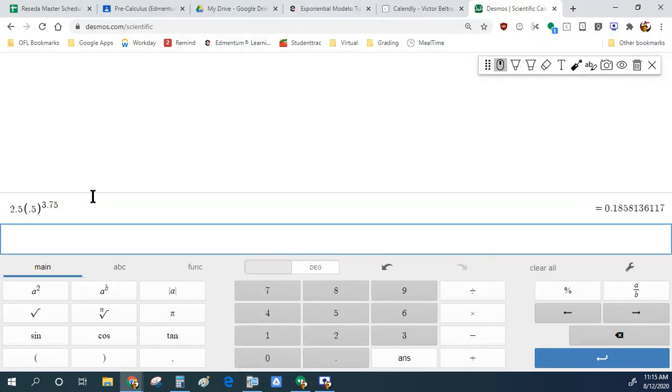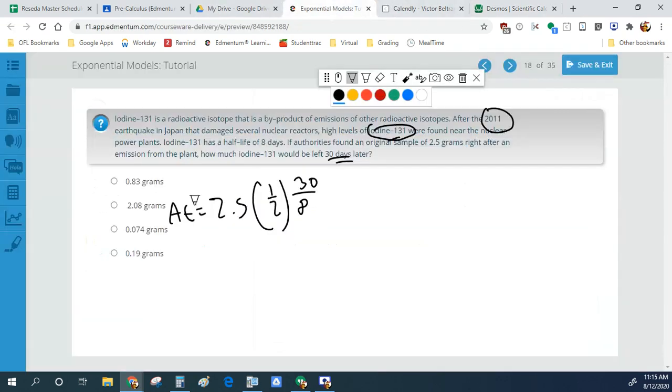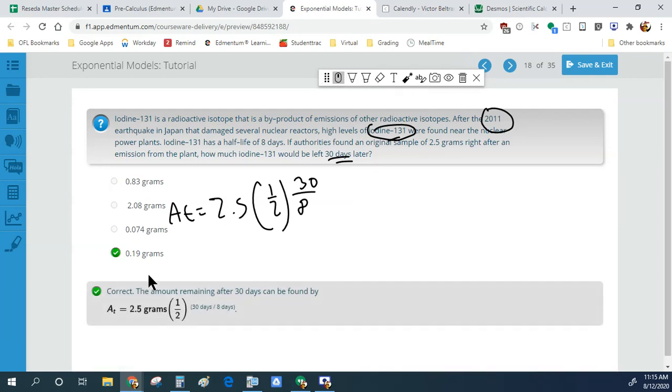So it depends on how you want to do it. If you really want to use the Desmos calculator, you can just use this. Just remember, it's not going to let you do the fractions. So I'm getting about 0.18. It looks like there's some round off error, so it should be 0.19. Does this make sense to everyone how to set it up? Cool.